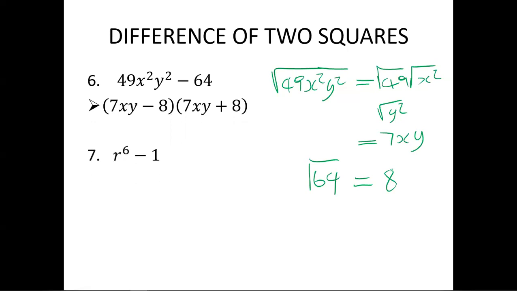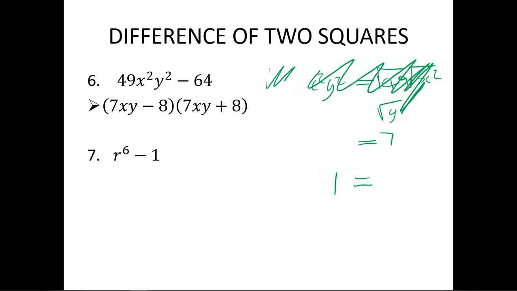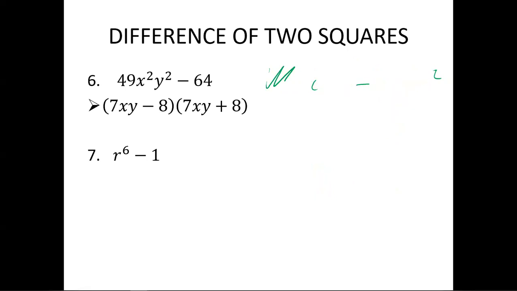Let's check this one out. Guys, note that when you factorize, you factorize up until you can't factorize anymore. Okay, it's like working hard. You work hard up until you can't fail anymore. So you study hard up until it becomes impossible for you to fail. And that's what maths is all about.